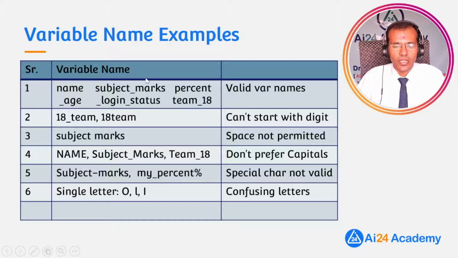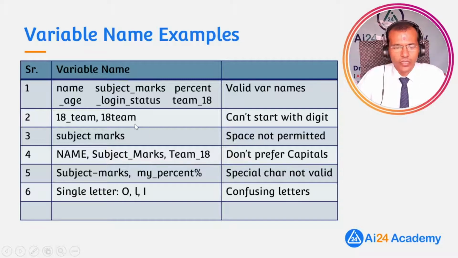So these are valid variable names, because they contain letters, underscores and digits, but none of them start with a digit. Here, in the second row, 18_team or 18team are invalid variable names because they start with a digit. So a variable name never starts with a digit.